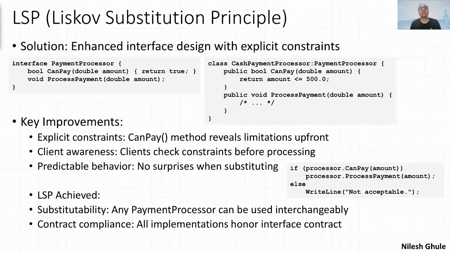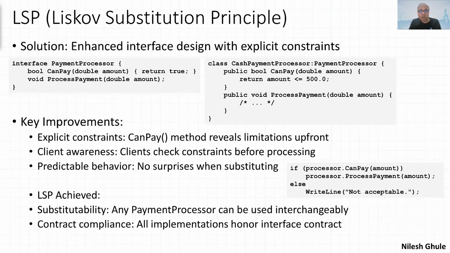In this case, we have honored LSP by enhancing our interface with an explicit constraint. We have added the constraint CanPay. If the amount is less than 500, then it will be paid using that payment processor. Otherwise, you can show some message.